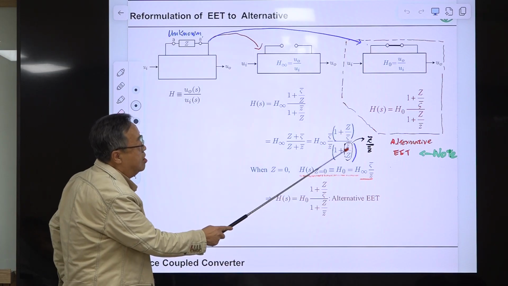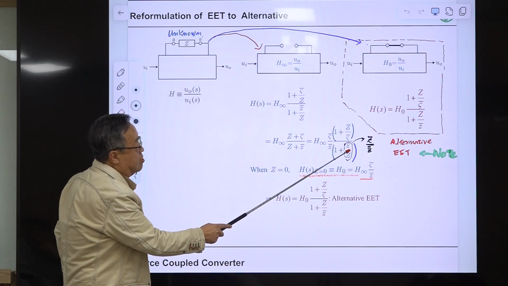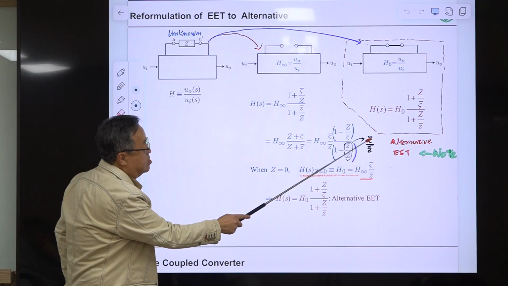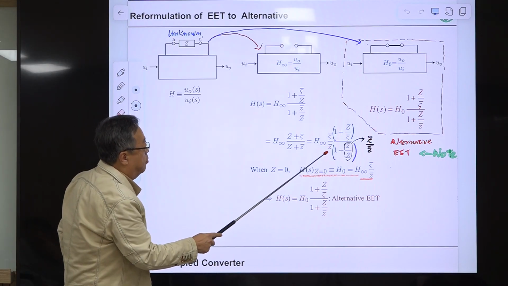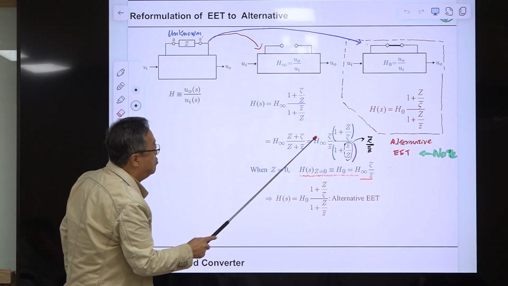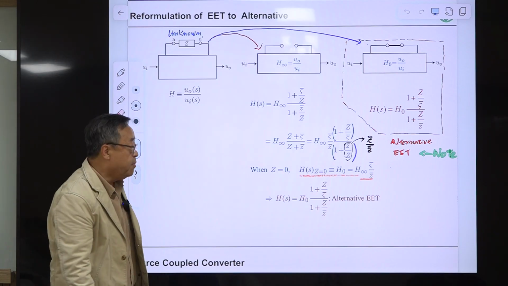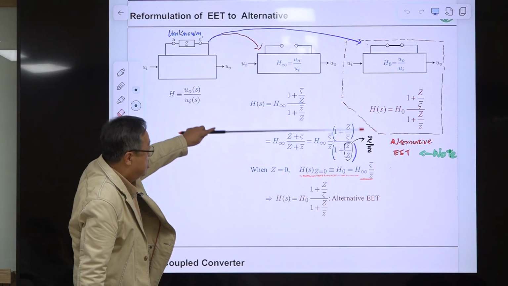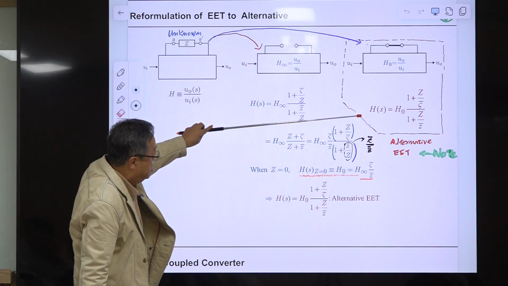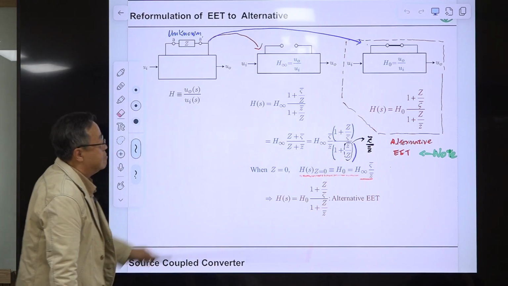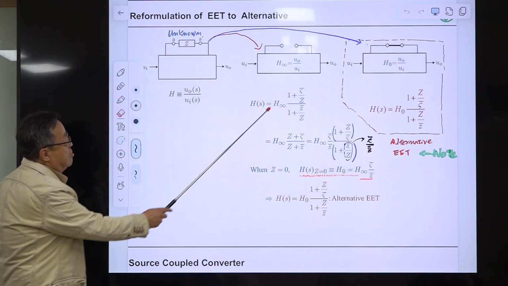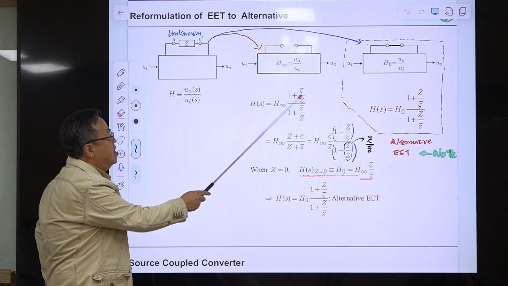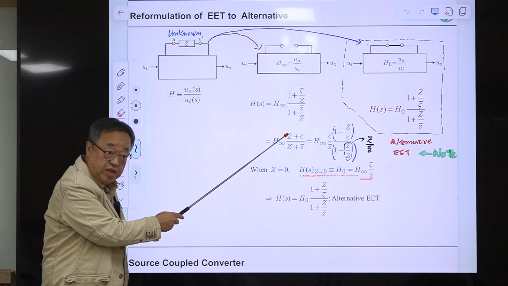Originally this was wrong. So the correct one is this. If you multiply this to this, then you have the original form. Okay. So you have this equation. This is derived from the EET. Then with this, here if G is infinity, then HS becomes H infinity.